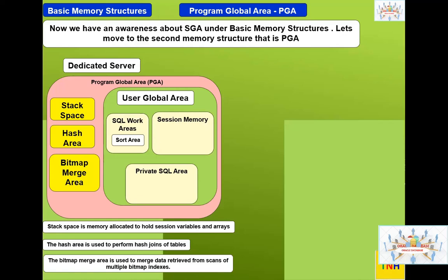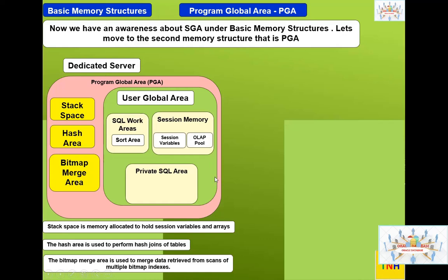So definitely there will be sorting in order to get the records in order. Then this area will be utilized in the PGA. Then we are going to have session memory, that is session variables, and this is for OLAP, online analytical processing.